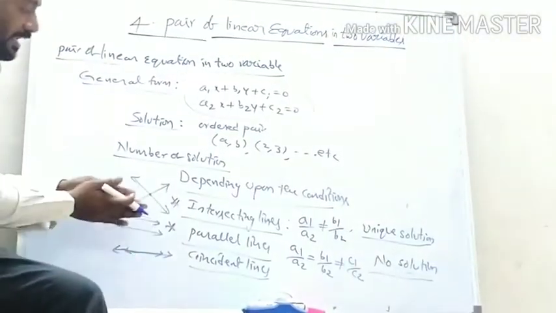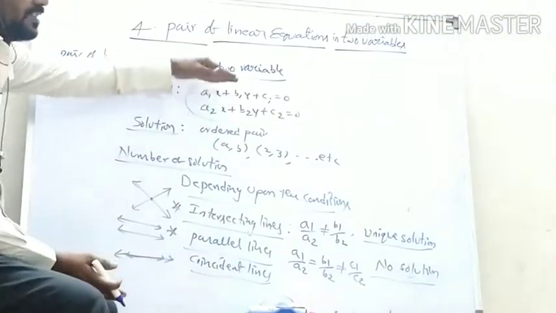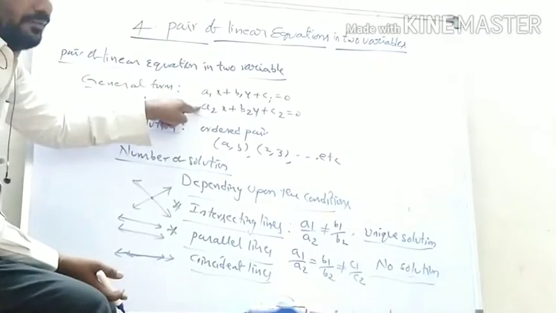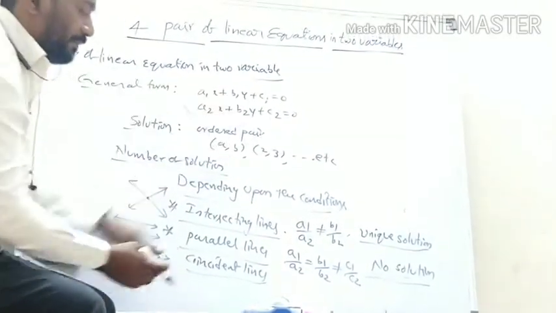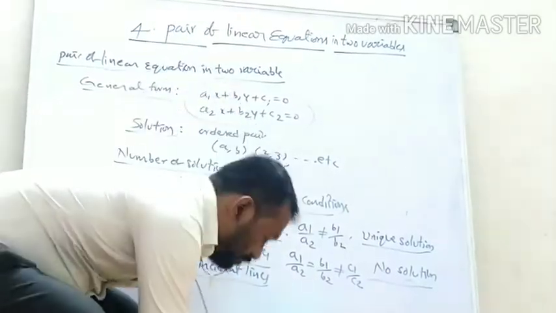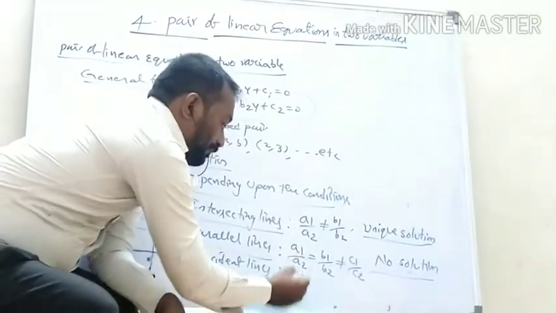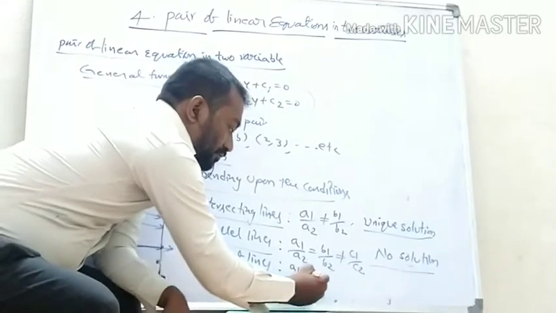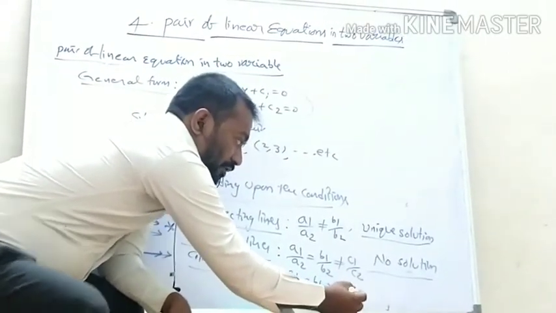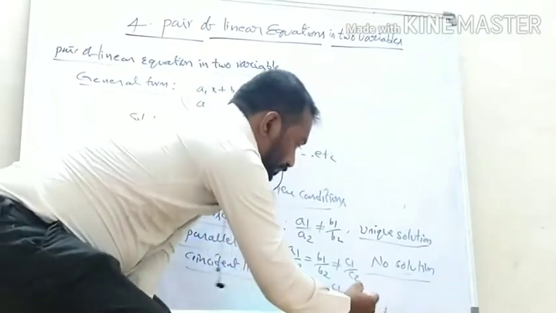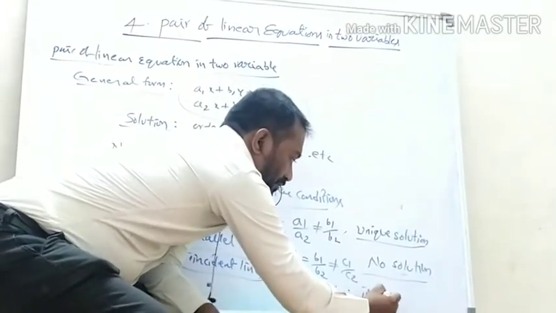When the lines are coincident, the ratios will be equal: A1 by A2 equals B1 by B2 equals C1 by C2. How many solutions does it have? Infinite solutions.